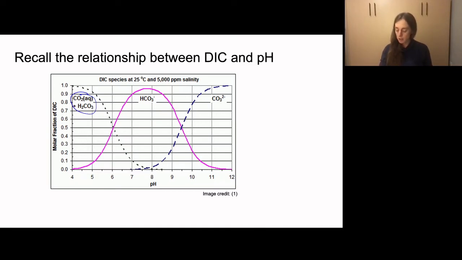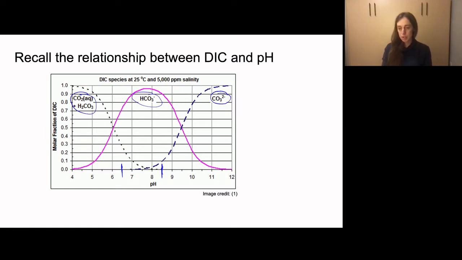But then as we increase our pH and increase our OH, we're going to start to dissociate those hydrogen ions and move into high concentrations of bicarbonate. So remember, in our circumneutral pH natural waters, we're dominated by bicarbonate. Then as we increase our pH even more, we will move into being dominated by carbonate itself.